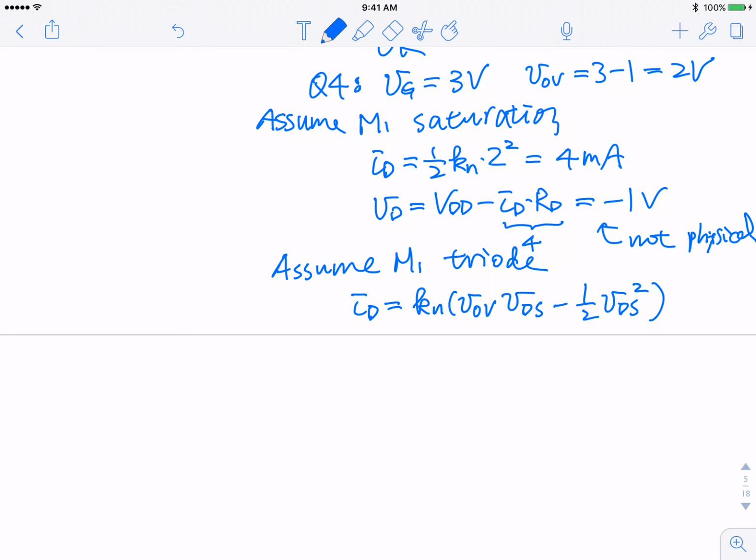But VDS is unknown, so what is VDS? VDS is equal to VDD minus ID times RD, so this is equal to 3 volt minus ID, where RD is equal to 1 kilo ohm, okay?